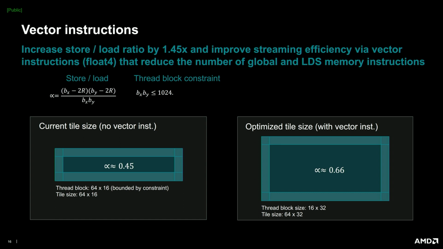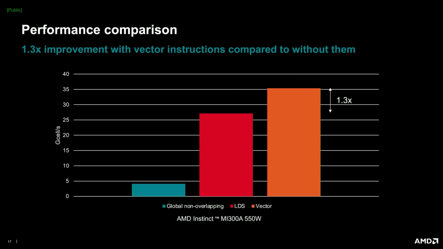But the optimized thread block size is now a factor 2 bigger than what we had before. The aspect ratio is a bit off in these drawings. And with the vector optimization, we gain another 1.3x speedup. So what can we do next?